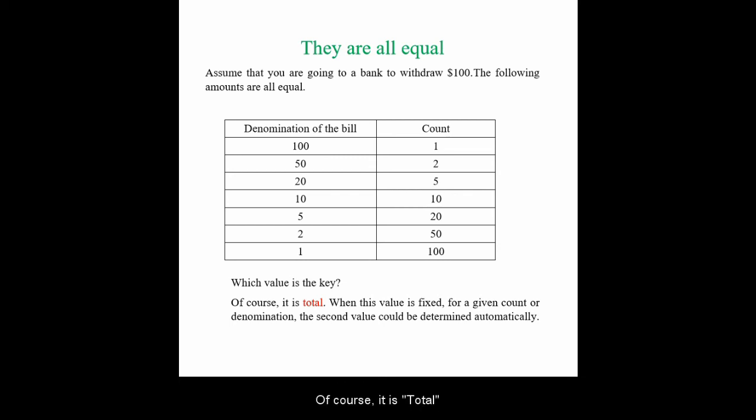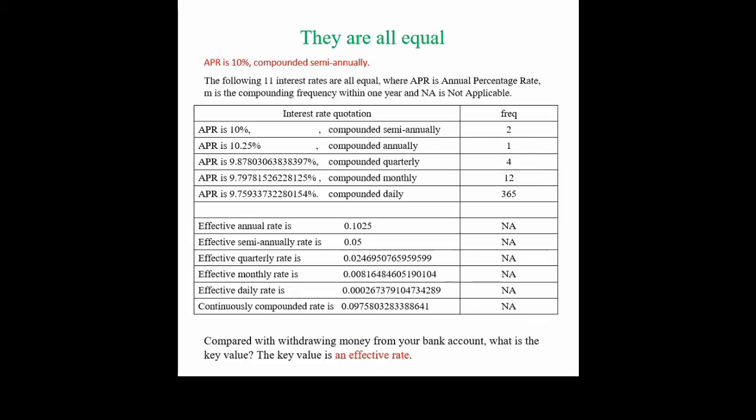Of course, it's the total. When this value is fixed, for a given count, for example 50, or denomination, for example $20 bill, the second value could be determined automatically. The key is the total.